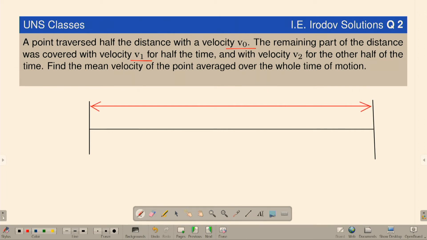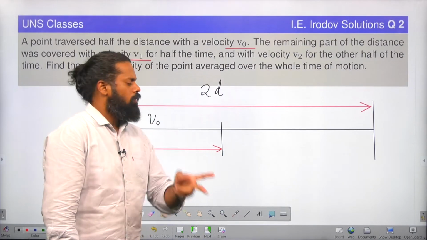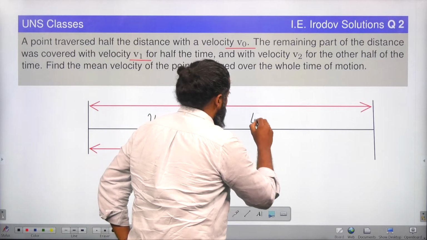It's given that half of the distance, that means up to this point, the point is traveling with a velocity v0.